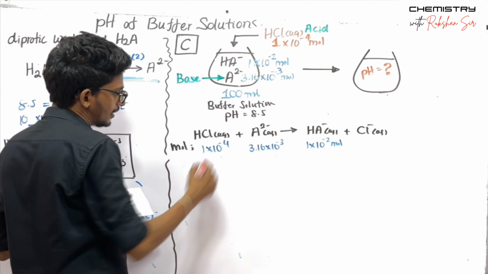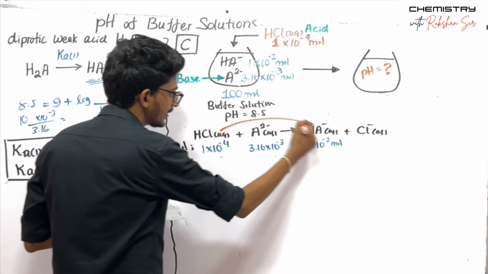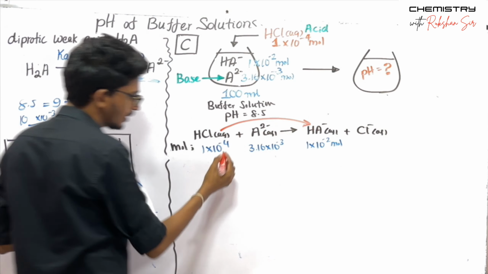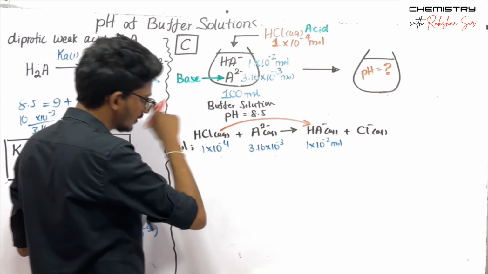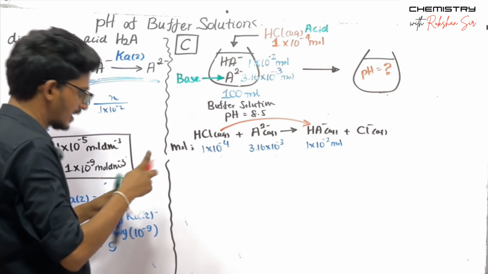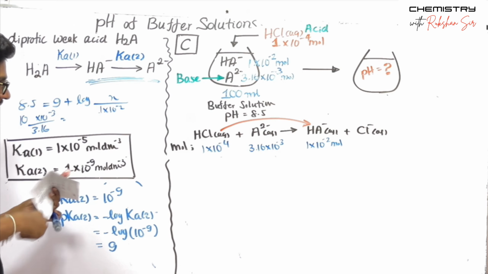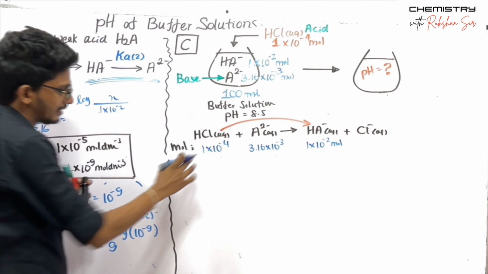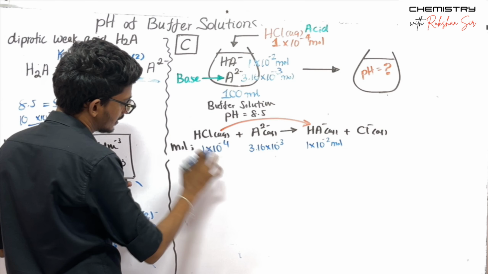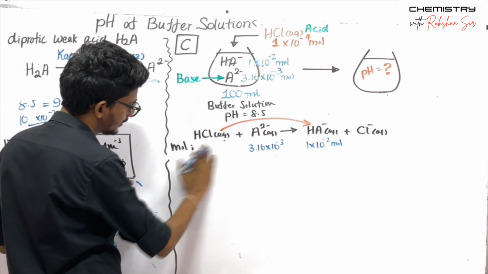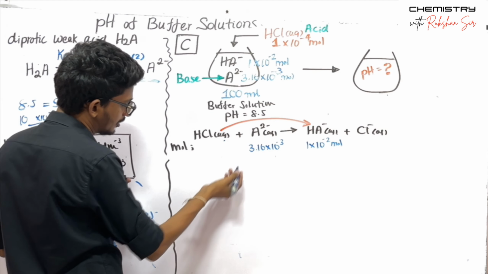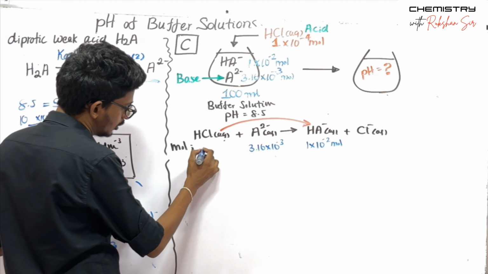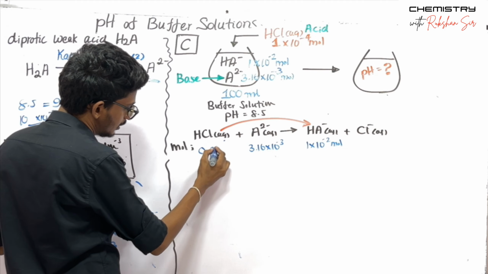So that will be added to the salt. That will be totally consumed and converted to the salt. So we can consider this one in terms of 10 to the power minus 3, that is, 0.1 into 10 to the minus 3. It is 10 to the minus 2, it is 0.01 into 10 to the minus 2.